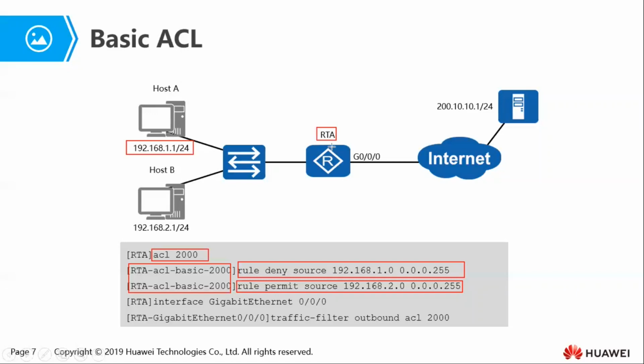Packets from host A will be dropped when it's trying to go out this interface, because that is where we are applying here. We are applying on that outbound interface. So traffic filter outbound, we apply ACL 2000. So any packets from host A will simply be discarded.